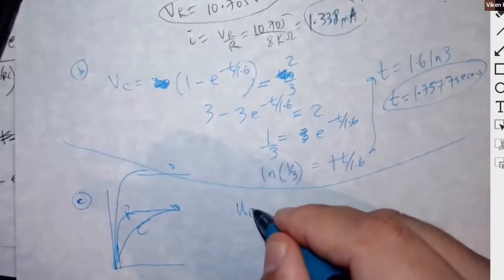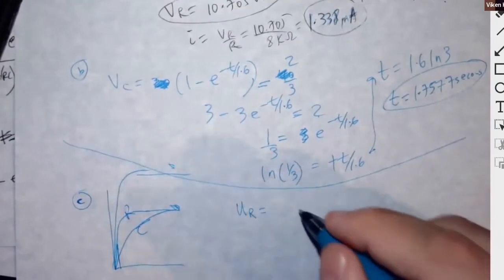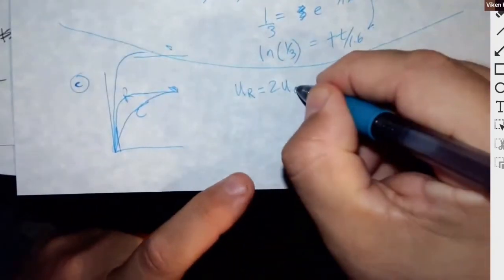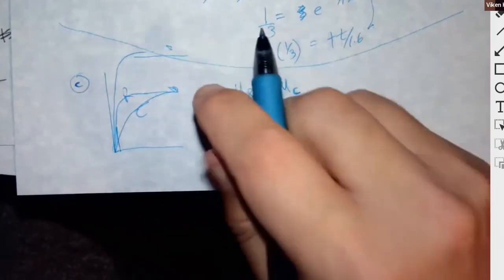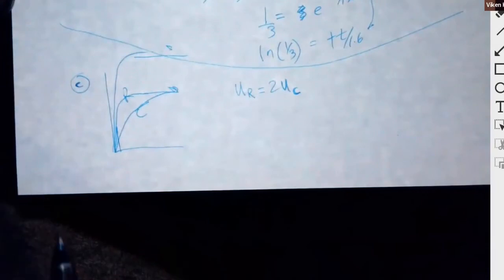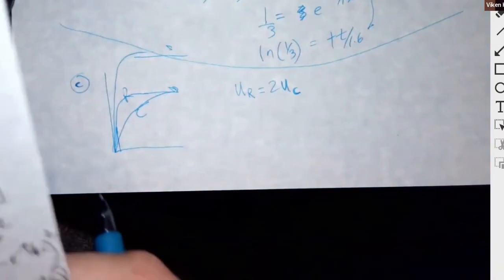We want the energy of the resistor to be twice the energy of the capacitor. Okay, what was the equation for the energy of the resistor? Oh, okay, it was this one.